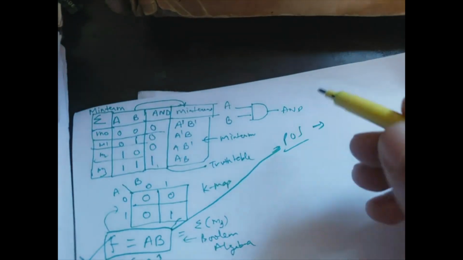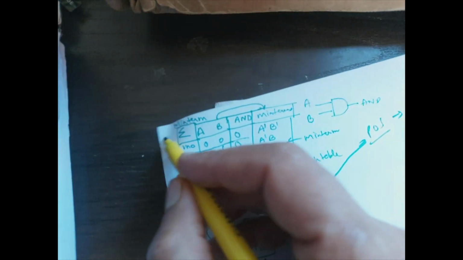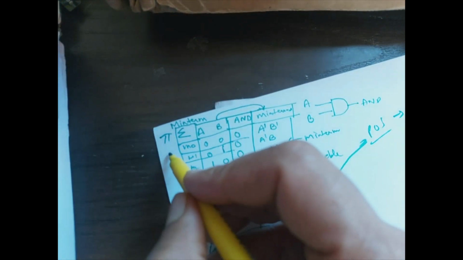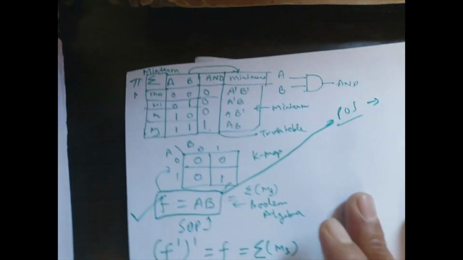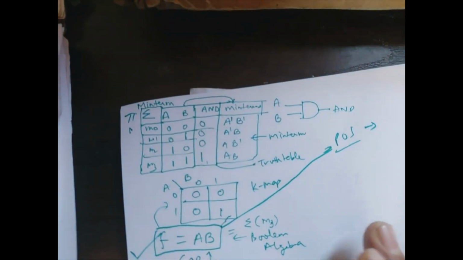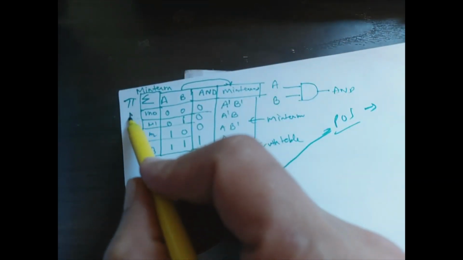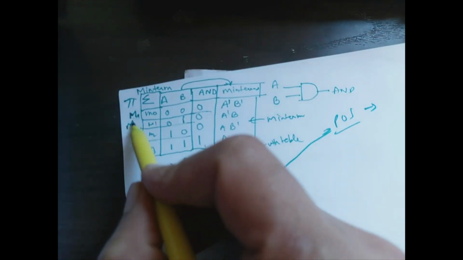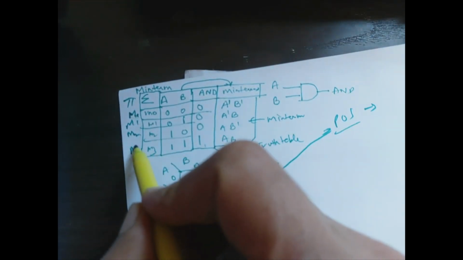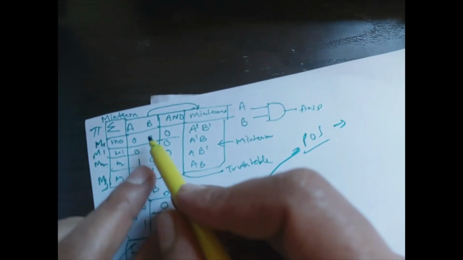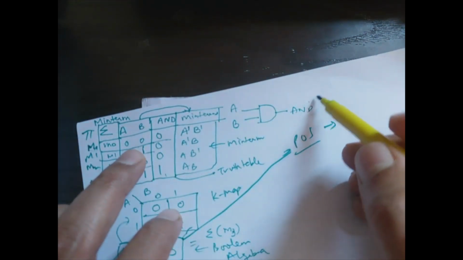Now what are max terms? Max terms are represented by a pi symbol and a capital letter. Let me bring the camera closer again. So max terms will be capital letters, and this time max terms will be written like this.